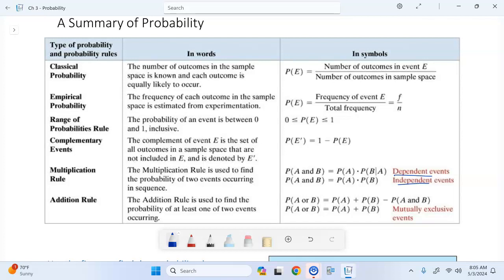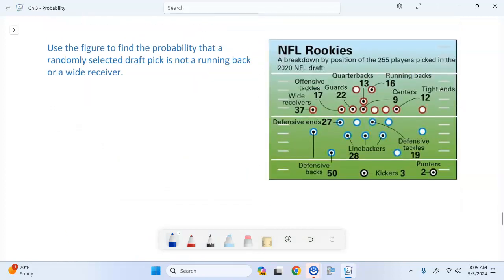For the addition rule, we have to identify whether or not it is mutually exclusive. If they're not mutually exclusive, we need to make sure that we are subtracting the probability that they happen together. So we can combine different processes with complements, the addition rule, and the multiplication rule to find some more complex probabilities.